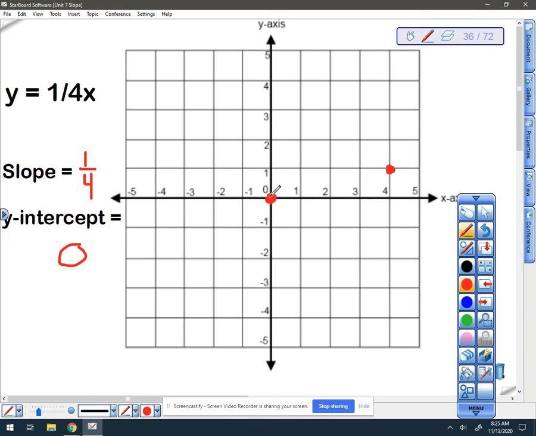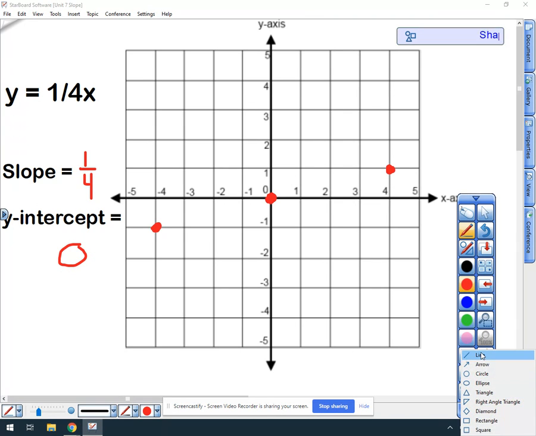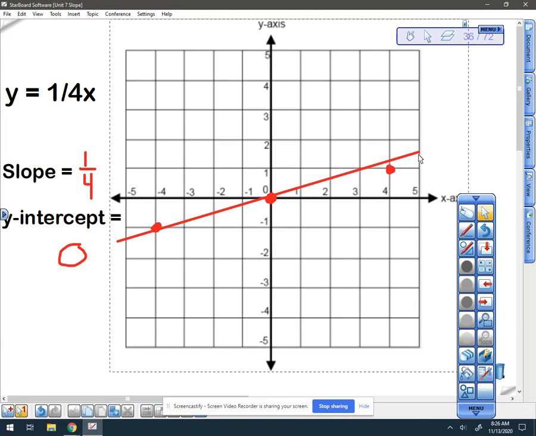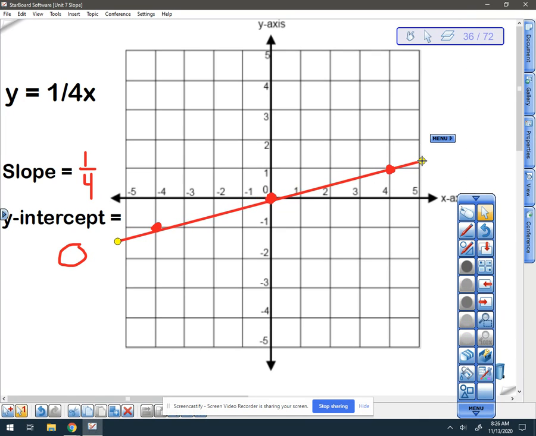Instead of up 1, right 4, I could go down 1, left 4, just to continue that pattern over there. Now I can make sure my line lines up and make a better line. That's just a little trick you could use, but remember, you don't need to do that.